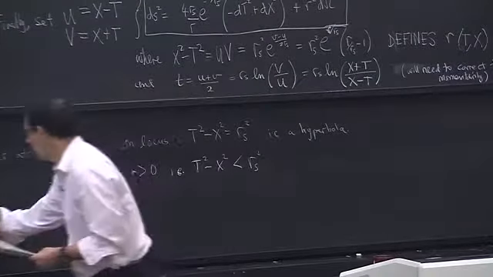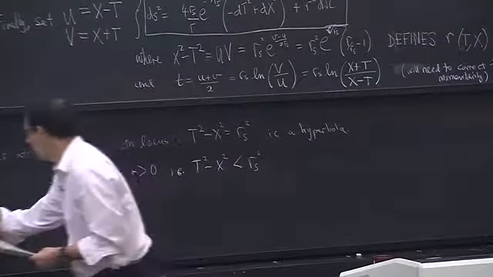Then at least t is real for all allowed values of x and t. As I said, little t doesn't enter in the metric, so it doesn't really matter. This is just trying to relate capital X and capital T to little t, the original Schwarzschild coordinates.